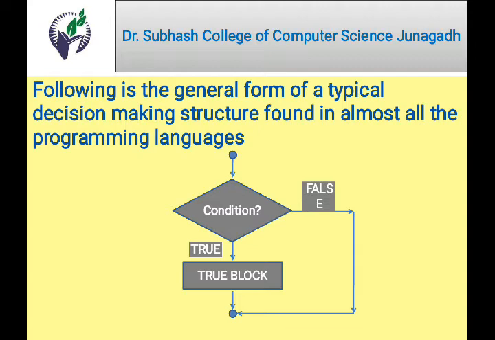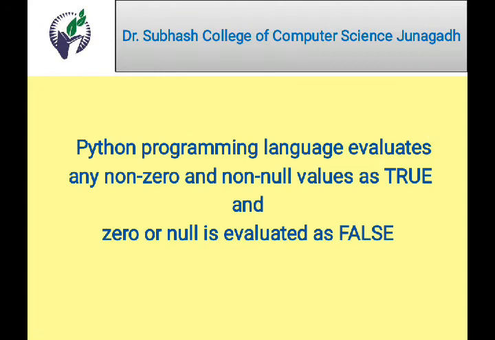In Python, evaluation of a relational and logical expression is always true or false, but any non-zero and non-null values are also considered as true, and zero or null is evaluated as false.